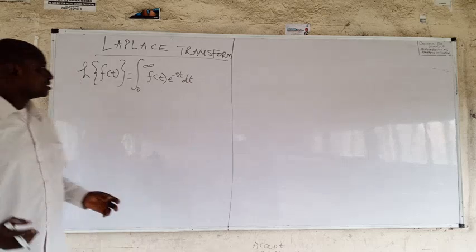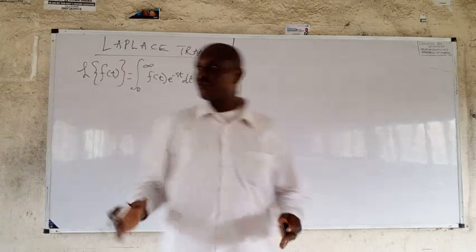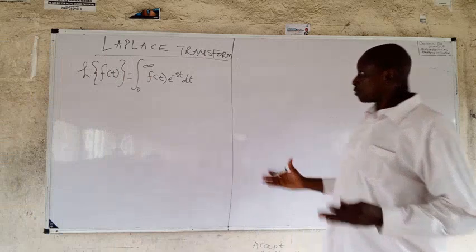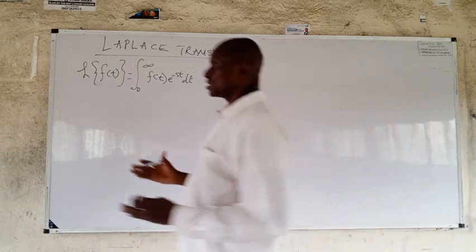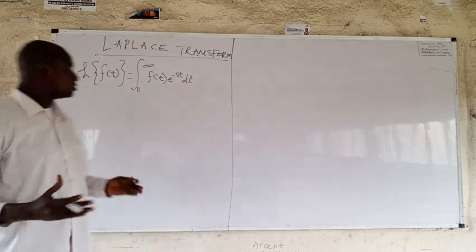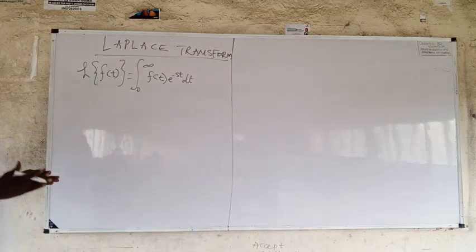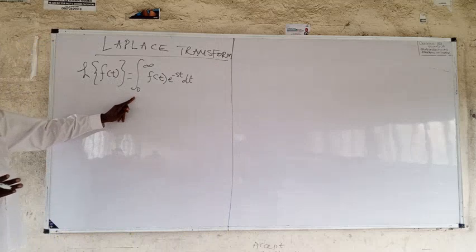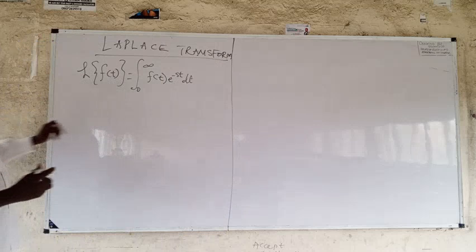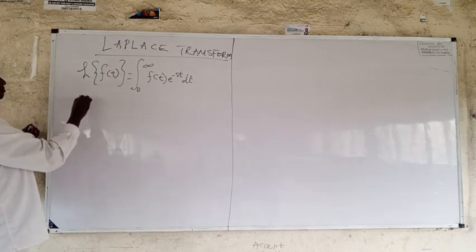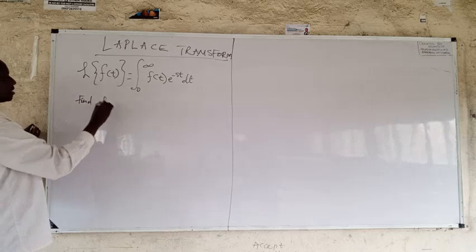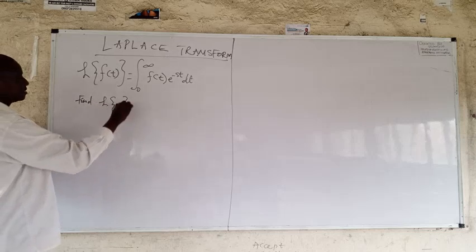Laplace's relation has been able to resolve many problems of differential equations. What Sir Isaac Newton could not do, Sir Laplace was able to resolve using this relationship. So what happens is, if we are given a function, find the Laplace function of a.